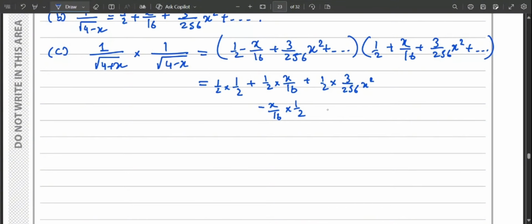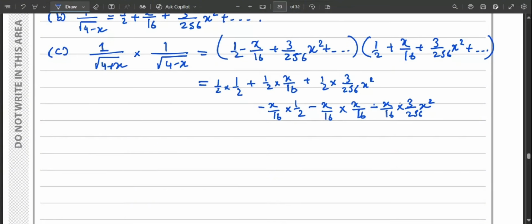And then we can multiply minus x by 16 with plus 3 by 256 x square. We can see that doing this will give us a term that has an x cube variable. We know that in our question we only need to write our answer up to x square. That's why we can ignore this term.